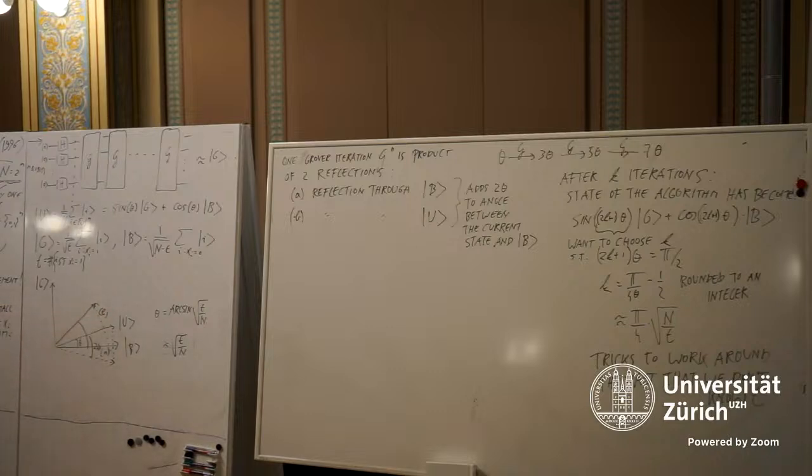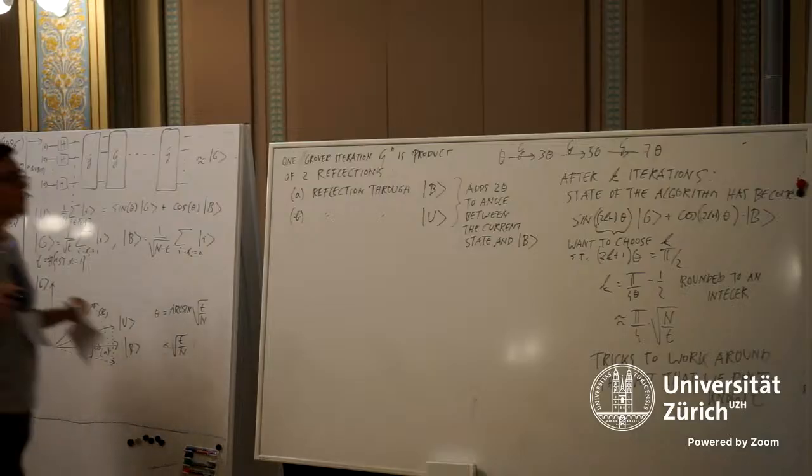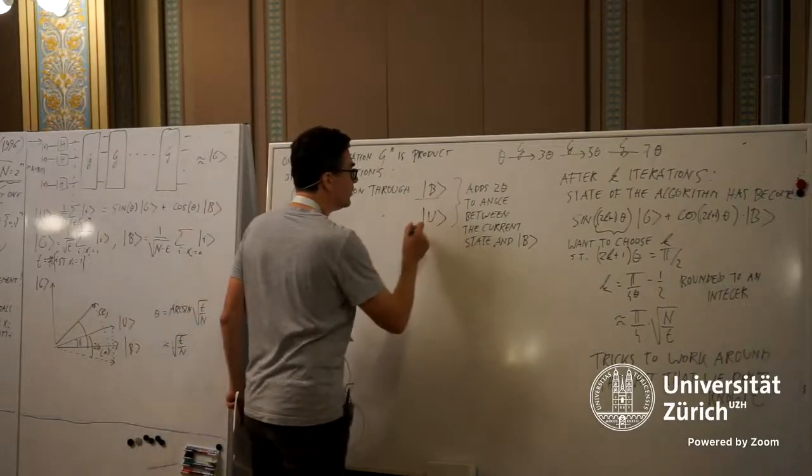You could reflect over the previous state, but it's a lot more expensive. It would give you an alternative view on the same Grover algorithm, but I'm going to present it with reflections through these two fixed states for every iteration.